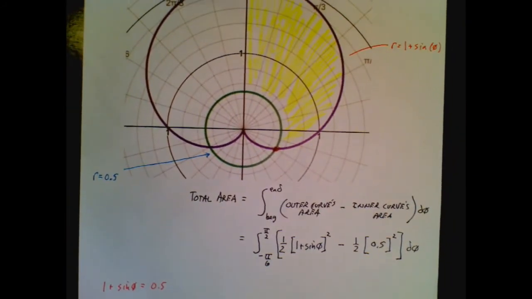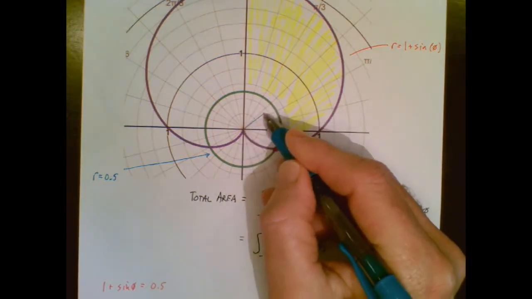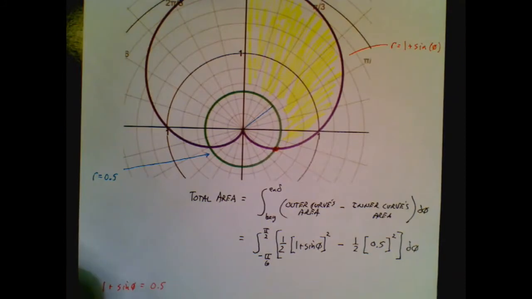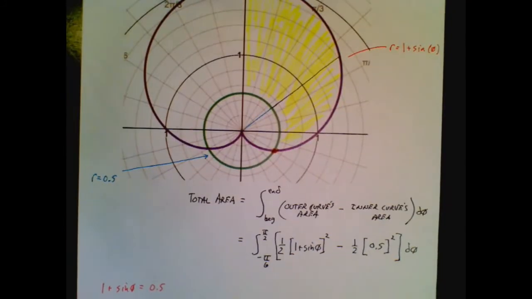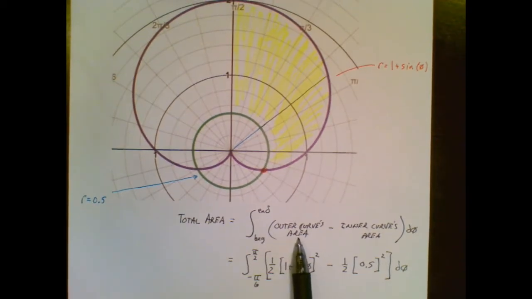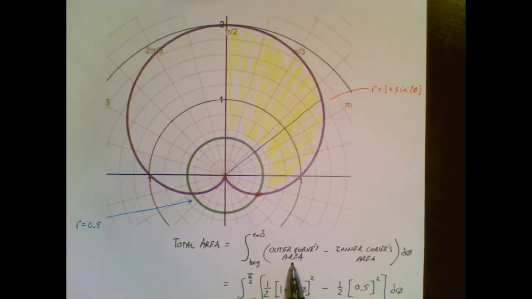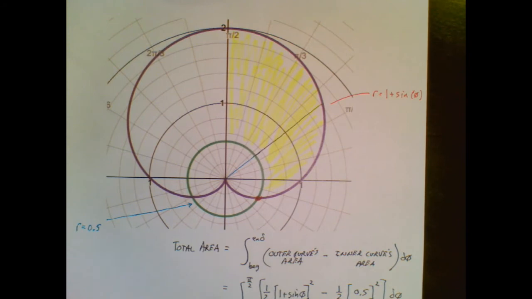Using that analogy, we're going to shoot out a radius, and this part we don't want, this part we do want. That's going to happen by doing the outer curve, or in other words, the larger one. Let me go back.